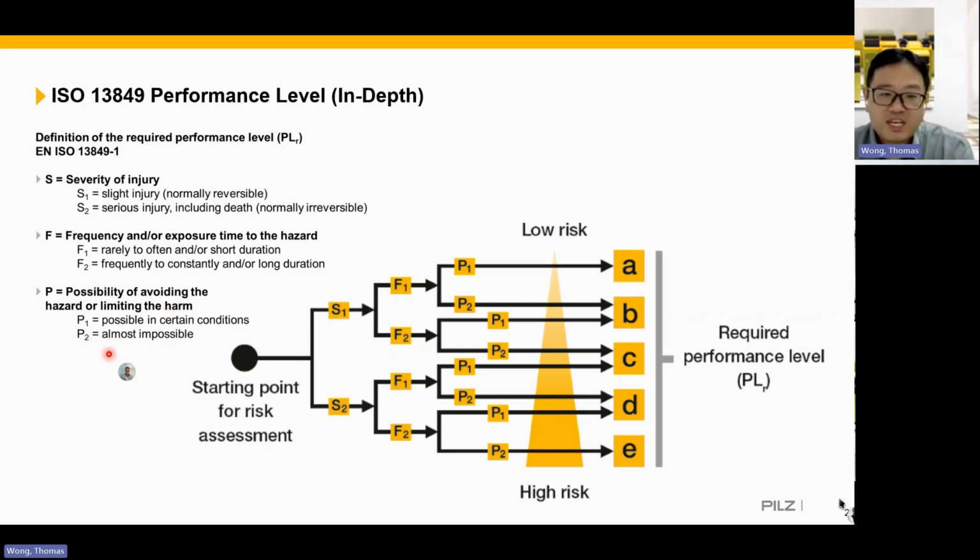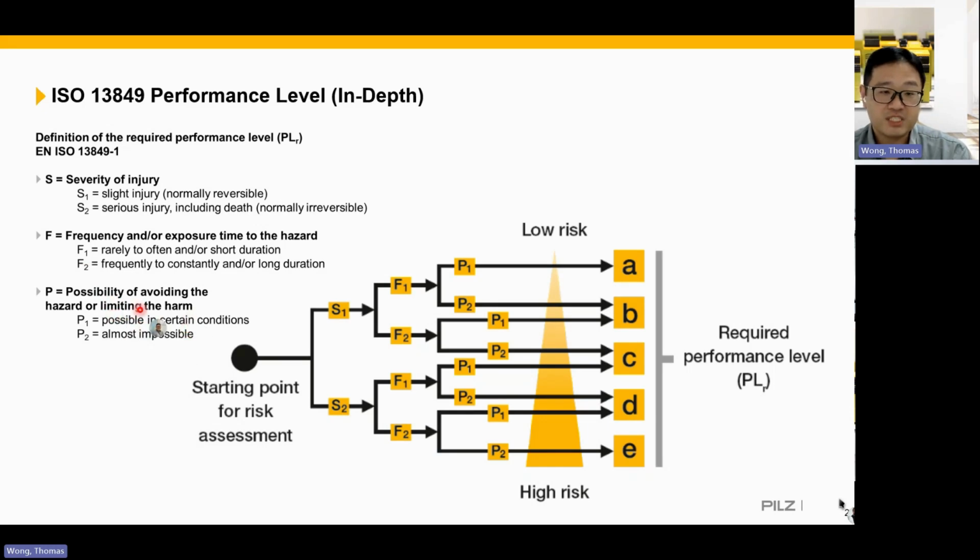Okay, so let's have a robot example again. For a robot, normally an industrial robot could actually cause some serious injury. So we look at S2 to start. Then for frequency and exposure duration, let's say I am quite frequently exposed to this because I'm working with it, and it's for long durations, so I can choose F2. And then is there a possibility of avoiding?